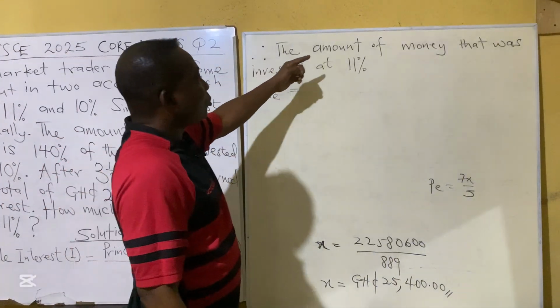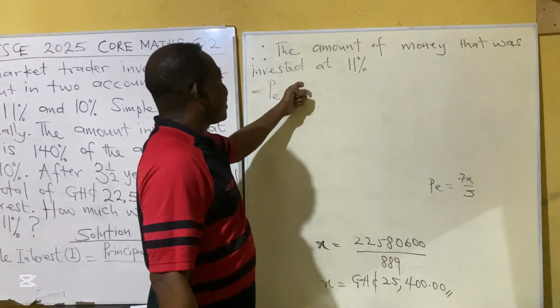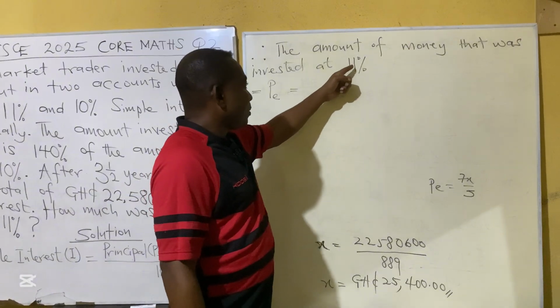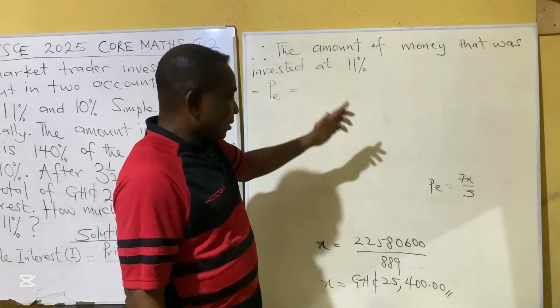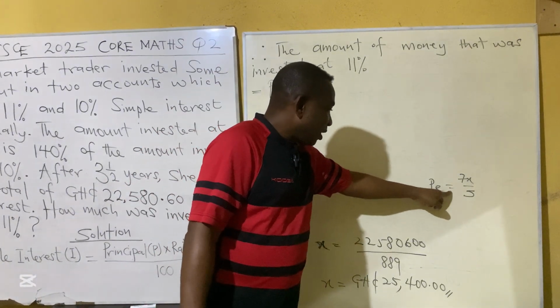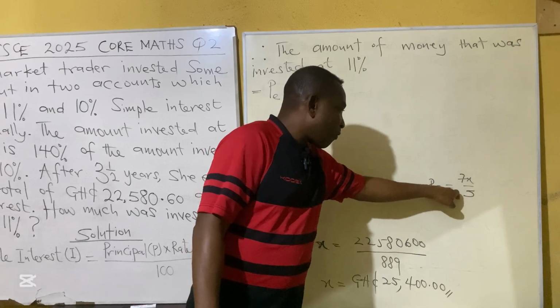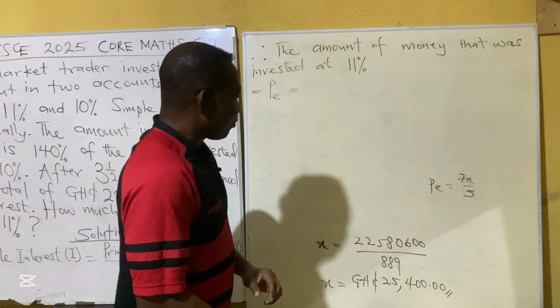Therefore, the amount of money that was invested at 11%, PE, is equal to 7x over 5, which we calculated previously.